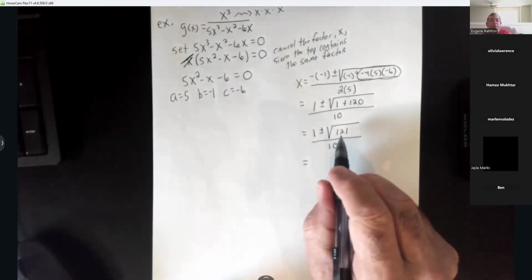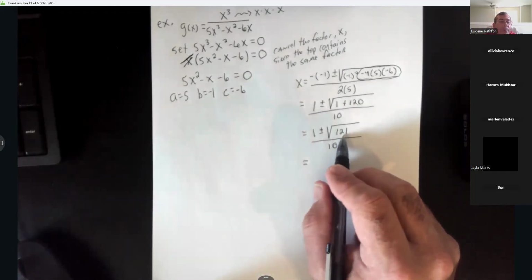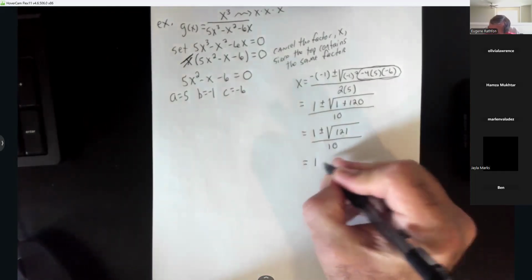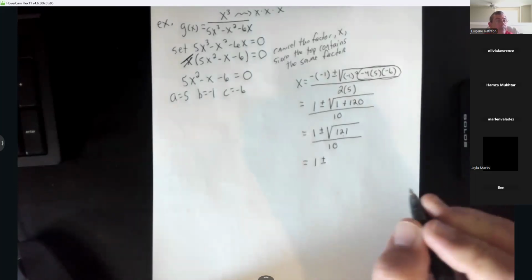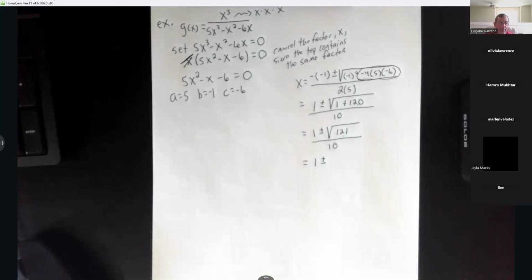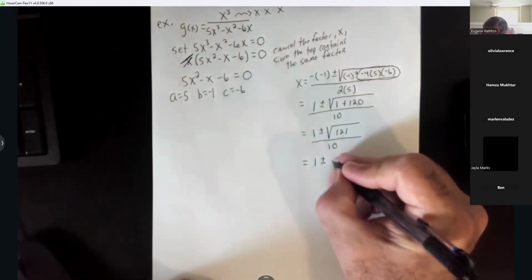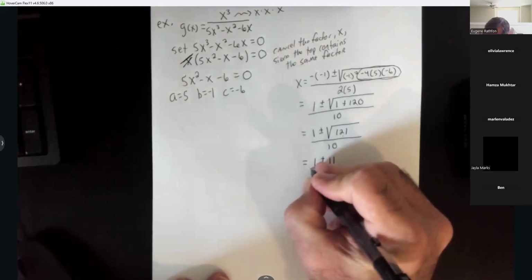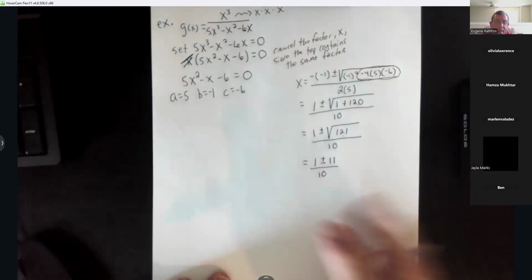To go further, I need to know the square root of 121. The square root of 121 is 11, all of that over 10.